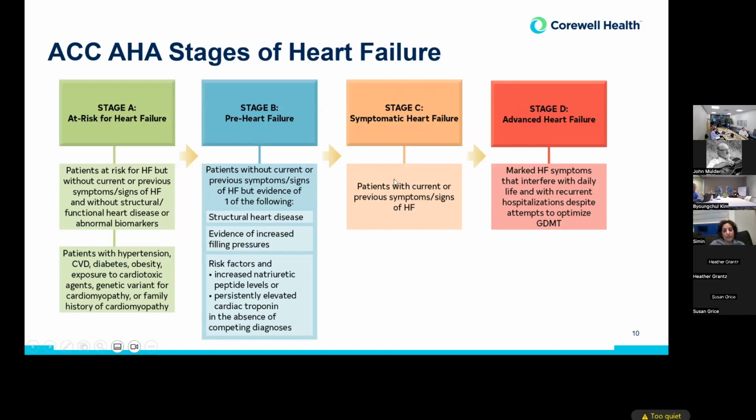So even if their symptoms resolve, they are still stage C. And stage D is where patients have severe symptoms that interfere with life and they have recurrent hospitalizations, even though they have been optimized medically. If you remember the definition from advanced heart failure, this is stage D. So remember that patient that we talked about. That's the patient we're talking about in stage D.